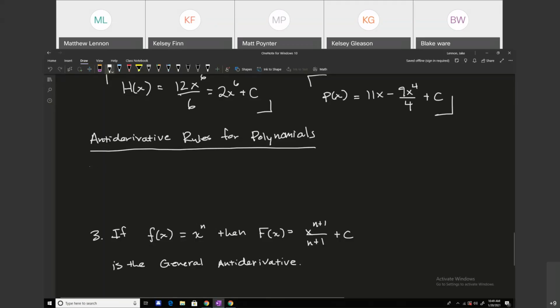The 2 special cases: one we didn't quite look at, the second one we did. Let's say f of x is just some constant, let's say k. This is kind of like a polynomial, but we're not really using this rule.